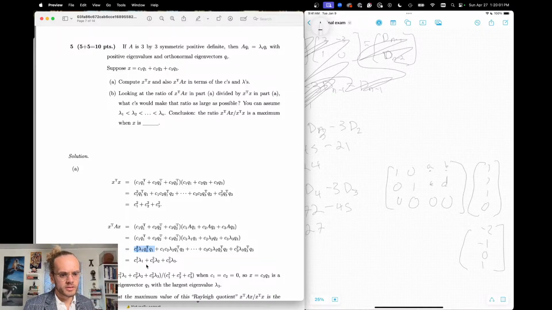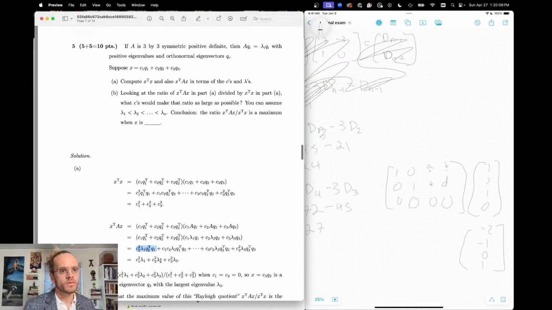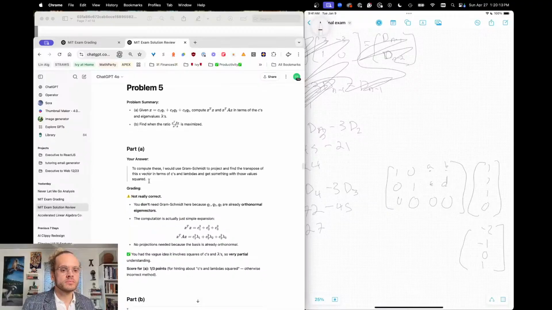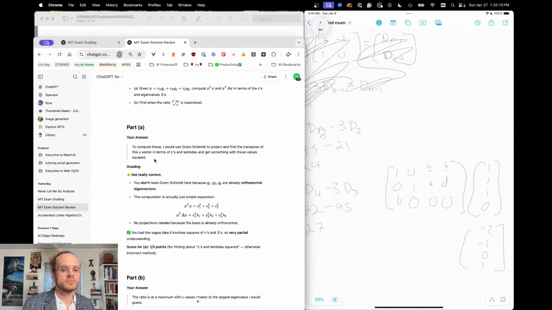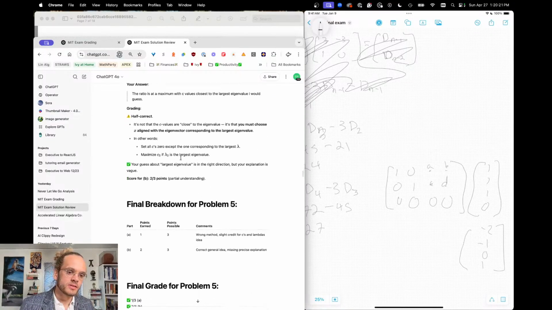C1 squared, I guess Q1T times Q1 cancels out is the key thing. What did I say for this one again? I said something with those values squared. Wow, I have great intuition.